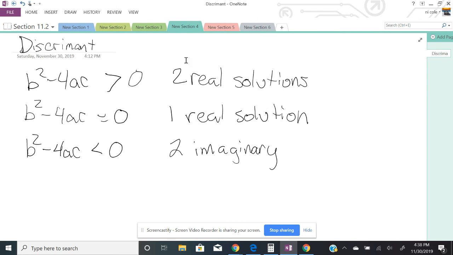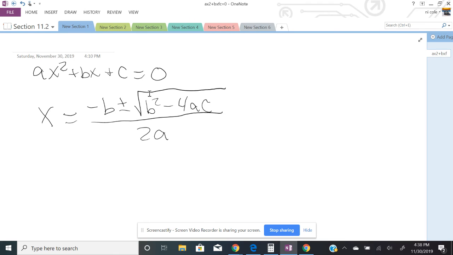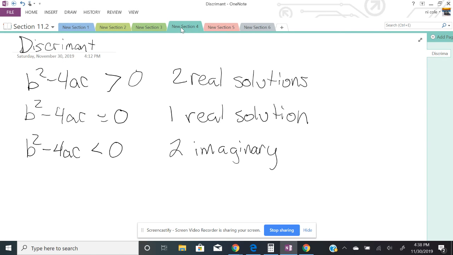Now, from the quadratic formula, you might get something called the discriminant. The discriminant is the part in the radical, and it tells us how many solutions we have. If b squared minus 4ac is greater than 0, a positive number, you're going to get 2 real solutions.